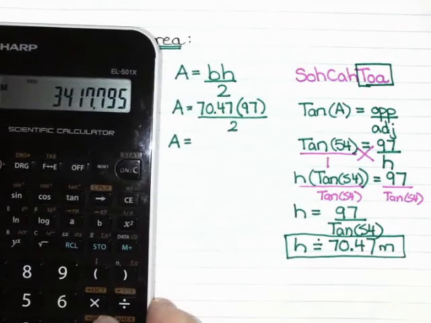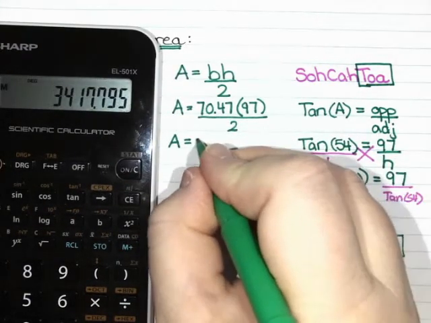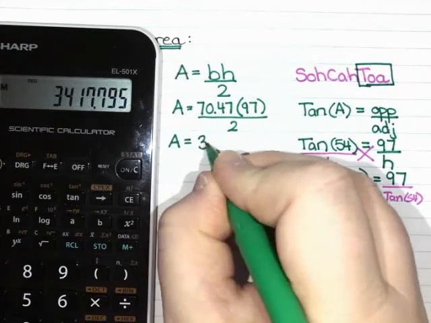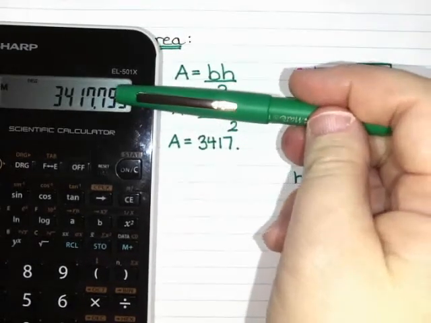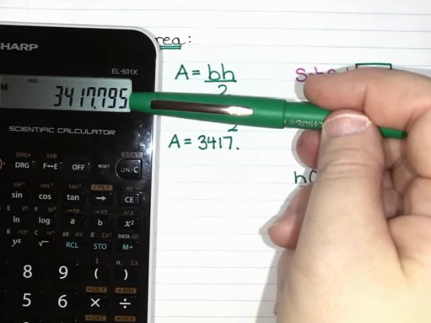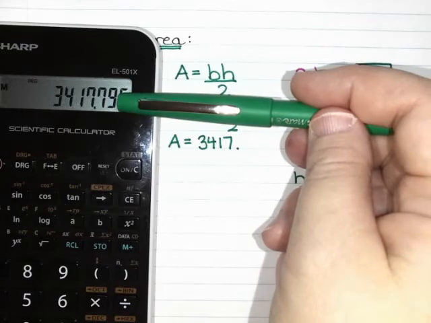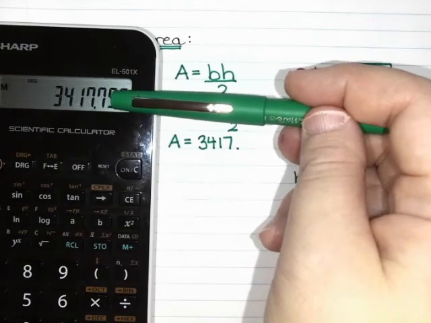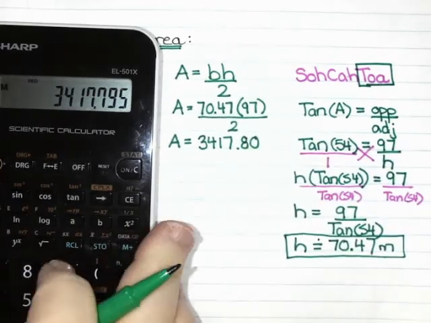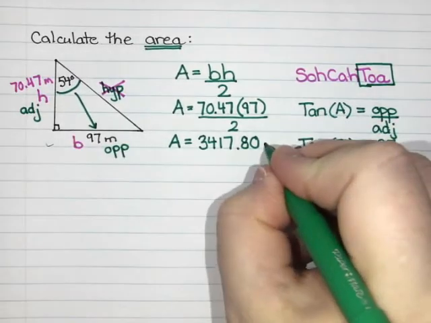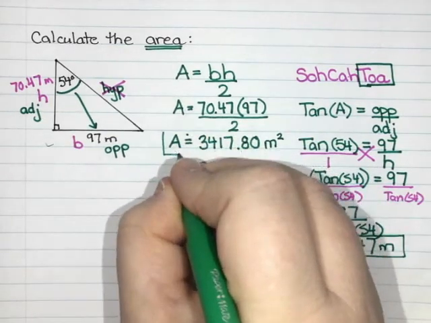It actually gives you a more accurate answer. So I have 3,417 point. Now I have 79. The next number is a 5. That 5 is going to push that 9 up to a 10, which pushes that 7 up to an 8. So it's going to be 0.80. This is meters, and it's area, so it should be meters squared.